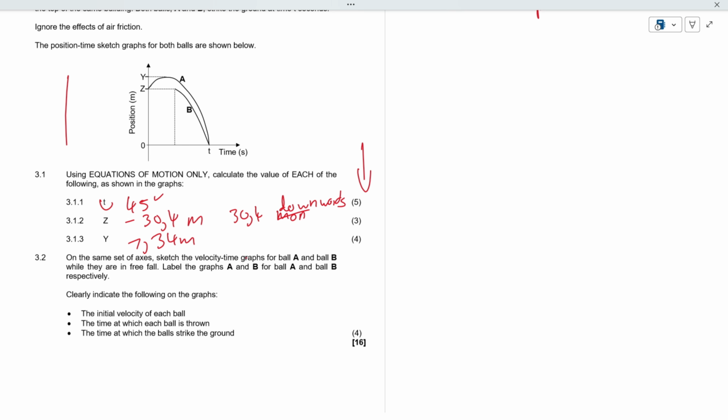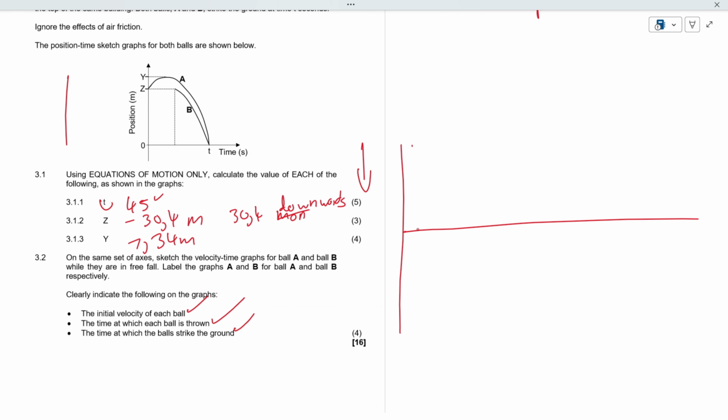They say to clearly indicate the initial velocity of each ball, the velocity at which each ball was thrown, and the time at which each ball is thrown. So now I just come and draw the velocity-time graph.